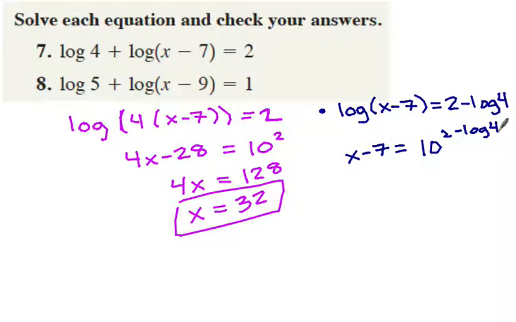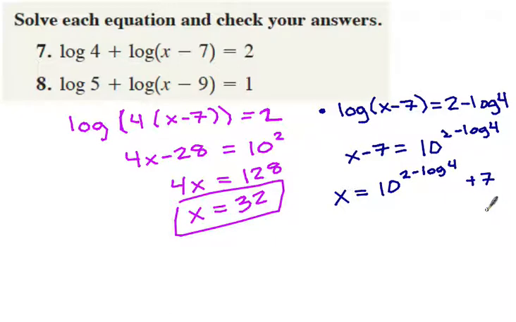Okay, so it's kind of an ugly looking exponent, right? But we can do that. And then we just add the 7 up. So x will equal 10 to the 2 minus log 4, and then outside we'll add 7 to it. Now, much uglier looking exact answer, right?